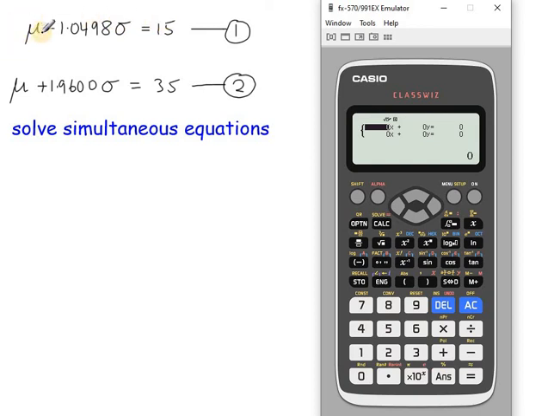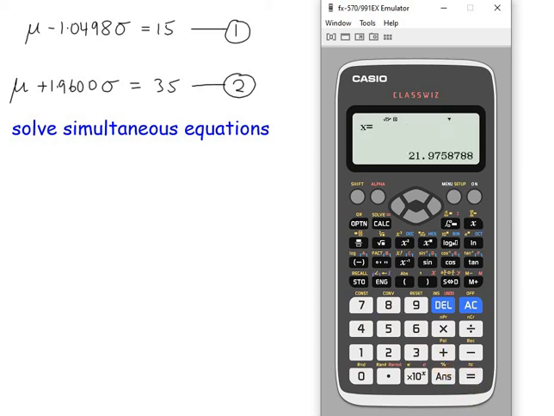So the coefficient of the first term is 1, for the second term it's minus 1.0498, and then 15 on the other side, and again the coefficient here is 1, and for this term it's 1.96, and then 35.